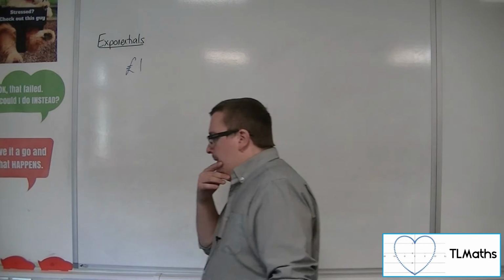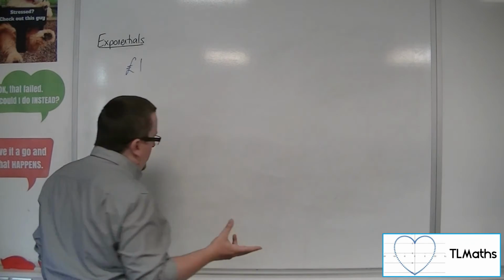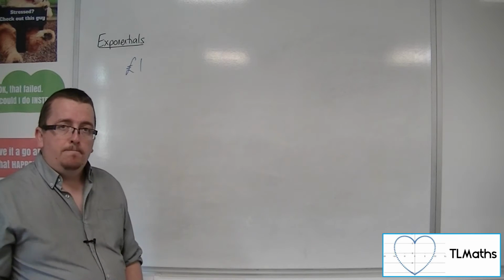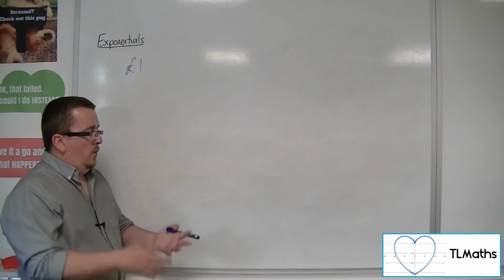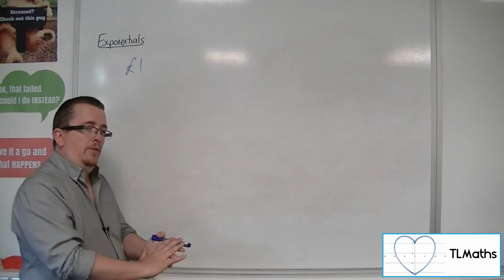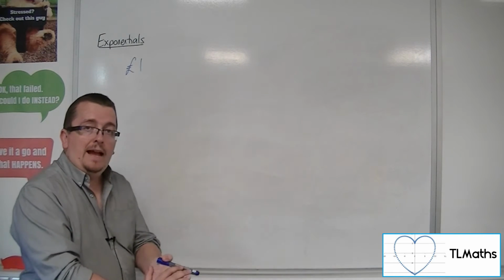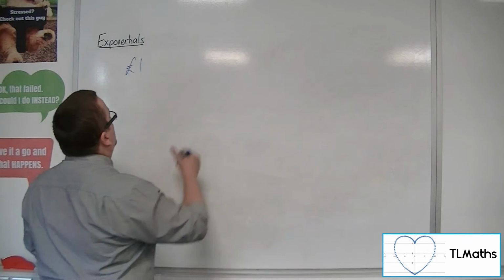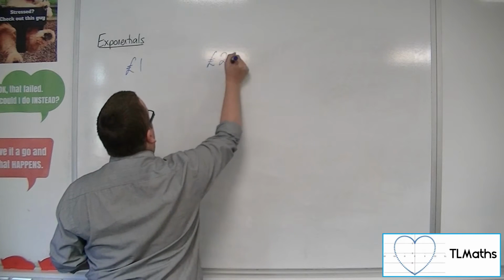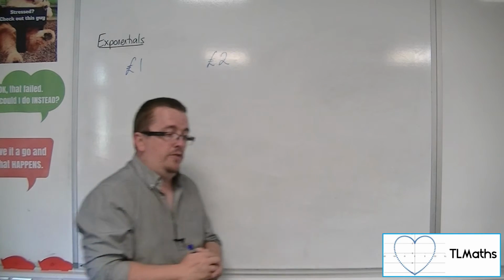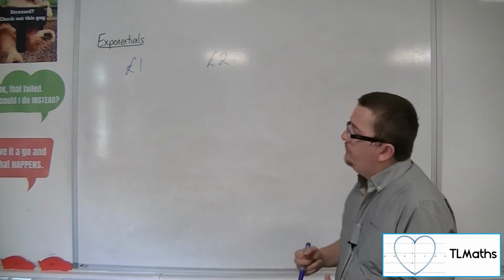So let's say that the bank has offered us 100% interest rate over a year. Okay, so what happens is that your £1 gets invested in the bank, and then at the end of the year you would receive £2, because you've gained this 100% interest.